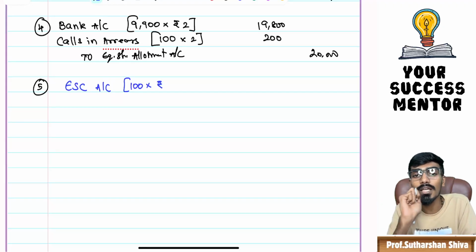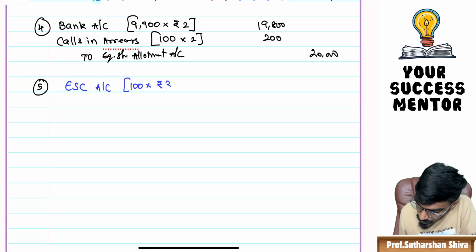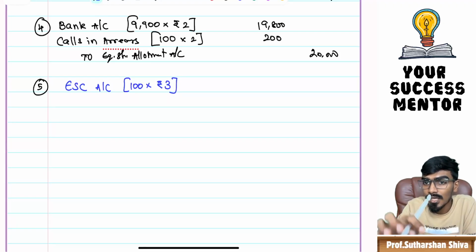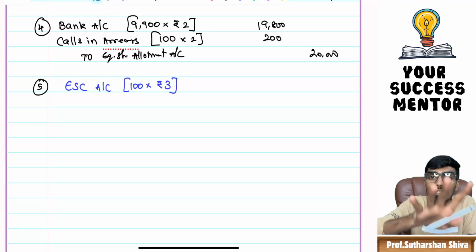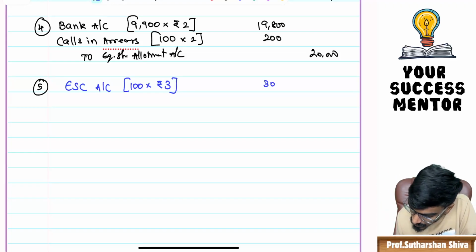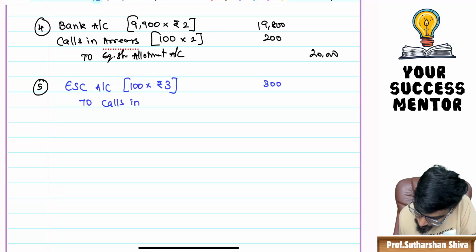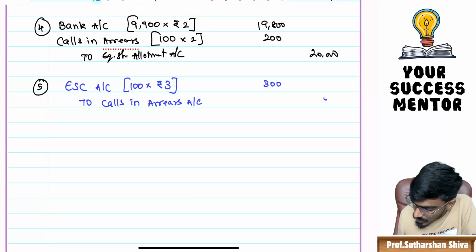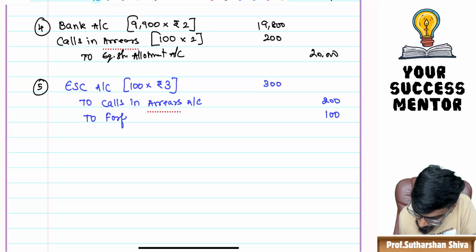Only 3 rupees is called up, because application money and allotment money of 2 rupees were asked, and he is not going to pay. So equity called up is only 3, so 300. How much is calls in arrears? 2 rupees. How much he paid? 100. That becomes my forfeited shares.